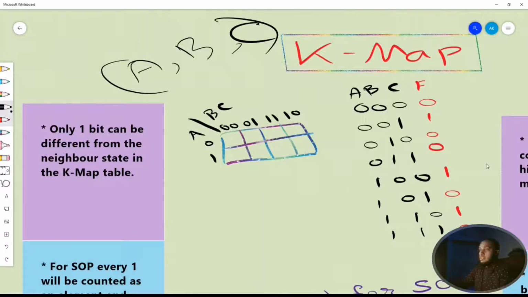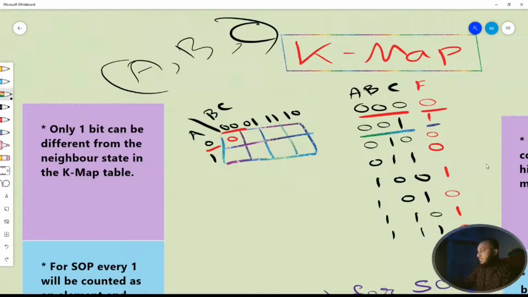Okay, now for the first state 0 0 0 we have the output 0. So for 0 0 0 we will write 0. Then for the second pattern we will write 1.